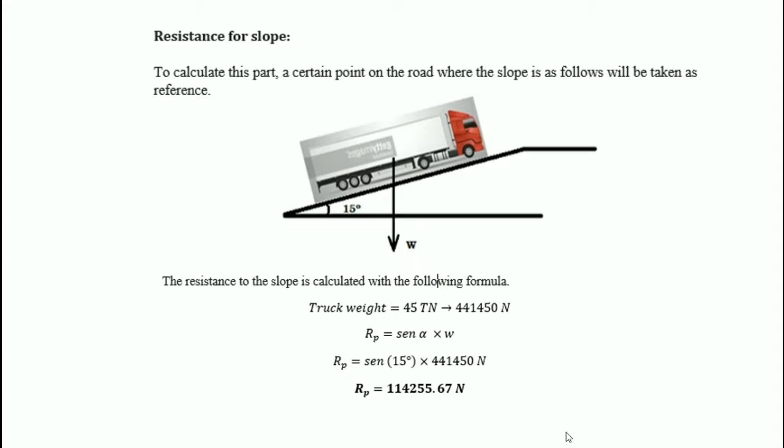The formula is the sine of alpha times the truck weight. Well, we replace it in the equation with the angle and the weight of the vehicle, and the answer is 114,255.67 newtons.